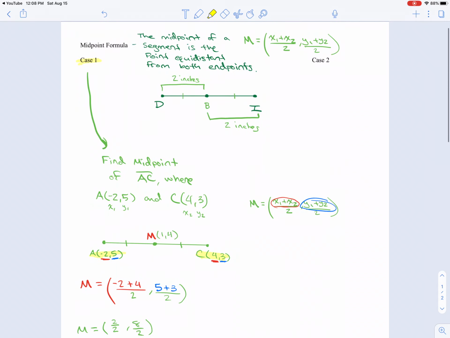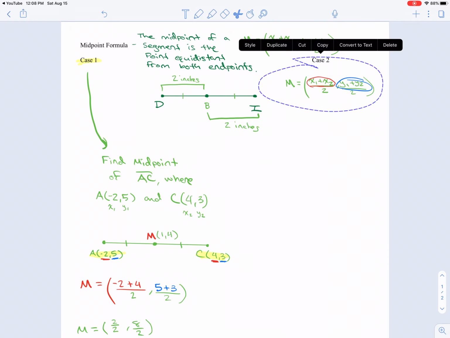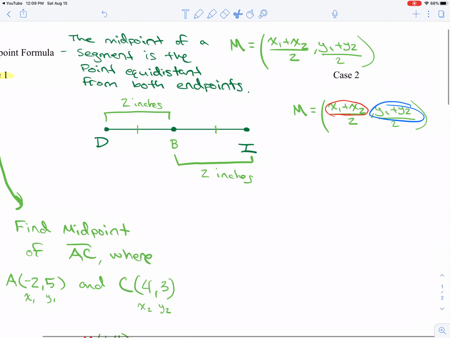All right, so what is case 2 then? So case 2 is going to be what I kind of call inside out. So let's say I say given segment TR, where T is given, let's say, -3, 6.